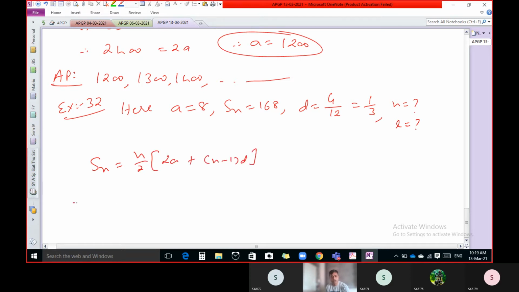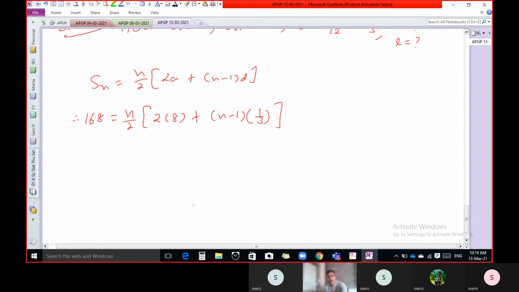Put in all the values. n unknown, 2 into 8, d is 1 by 3. Now first of all take this 2 to the other side, so multiplied by 2, we get 336.